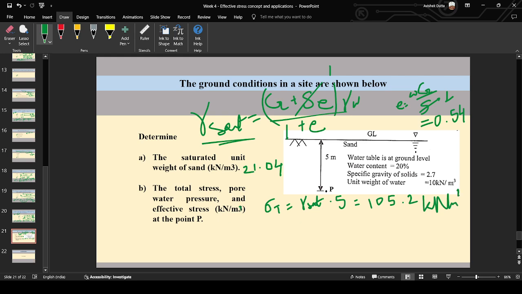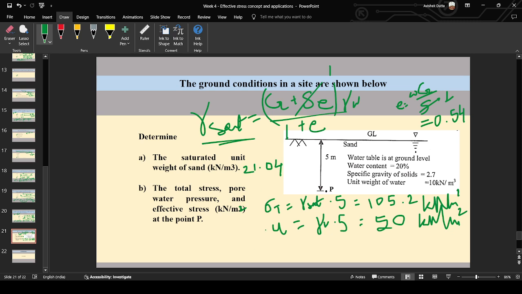Now pore pressure U is gamma W into 5, that is 50 kilonewton per meter square.